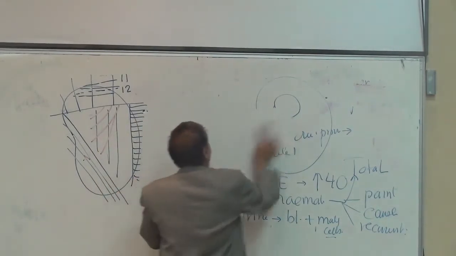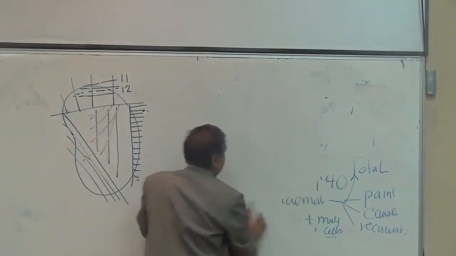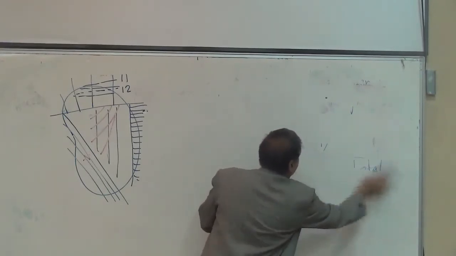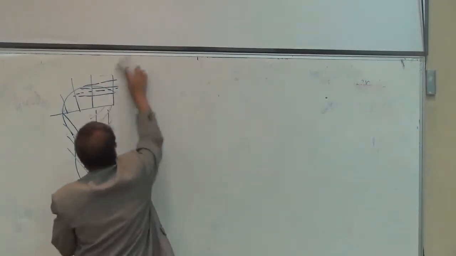The renal transplant, you know the renal transplant. Usually the left kidney is preferred to be used for renal transplant because it has a longer renal vein.